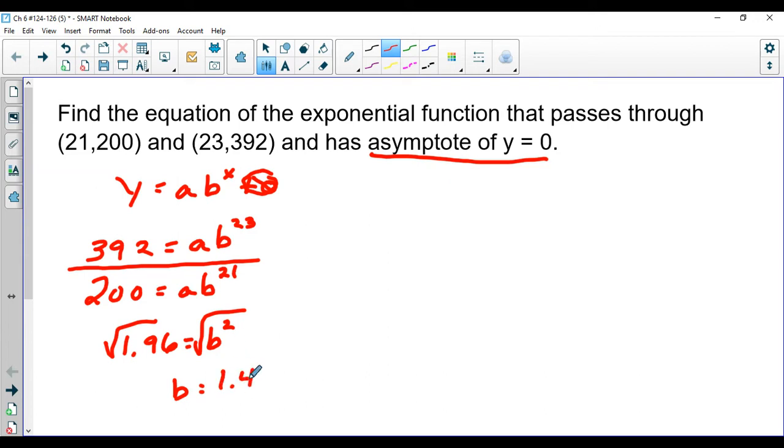And then just like any other system, we would plug that back in and figure out what our a value is. So maybe I plug it into the second equation. I don't know a, but now I know b is 1.4. That was to the 21st power. So to solve for a, I'm going to divide 200 by 1.4 to the 21st.